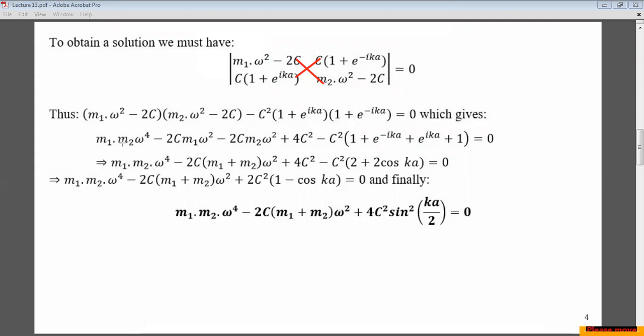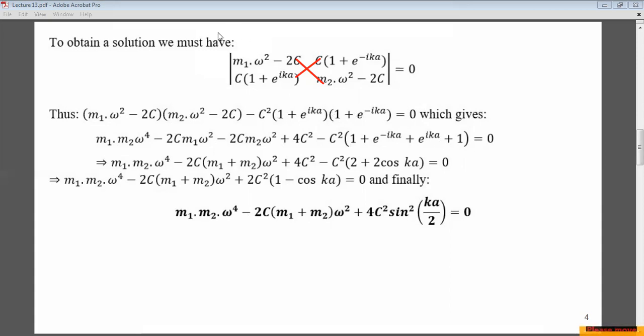I have M1 M2 omega to the fourth minus 2C M1 omega square minus 2C M2 omega square plus 4C square minus C square into, so this is now the second term over here, I open the brackets here. So I have 1 plus e^(minus ika) plus e^(ika) plus 1 is equal to 0.